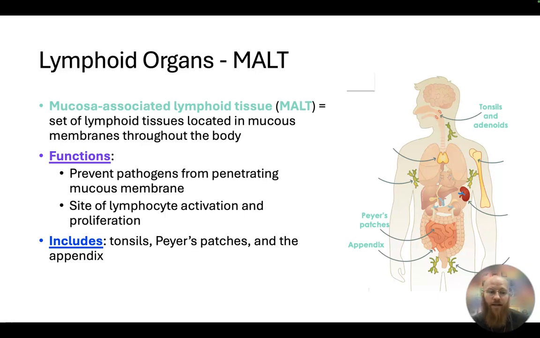So the lymphocytes that address these foreign substances are able to proliferate, to grow, and to mature, and to then be activated and called to action. The MALT organs themselves include the tonsils, the Peyer's patches, and the appendix. You can see their relative locations over here on the right.